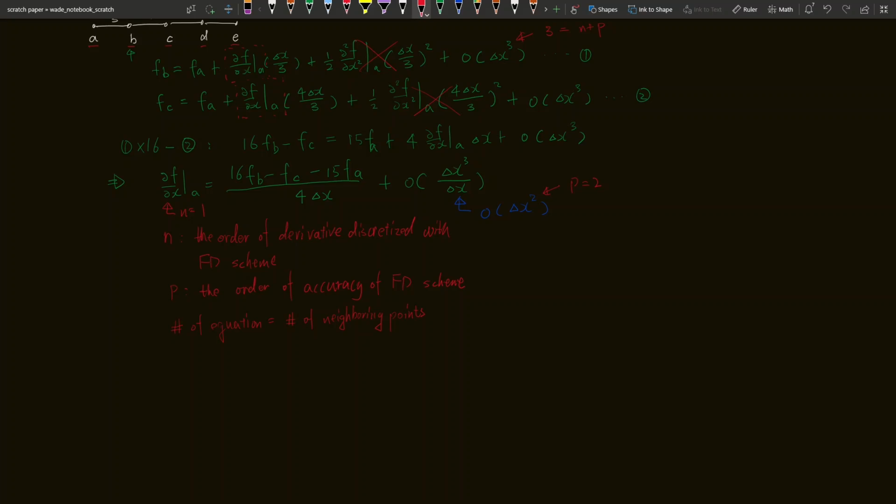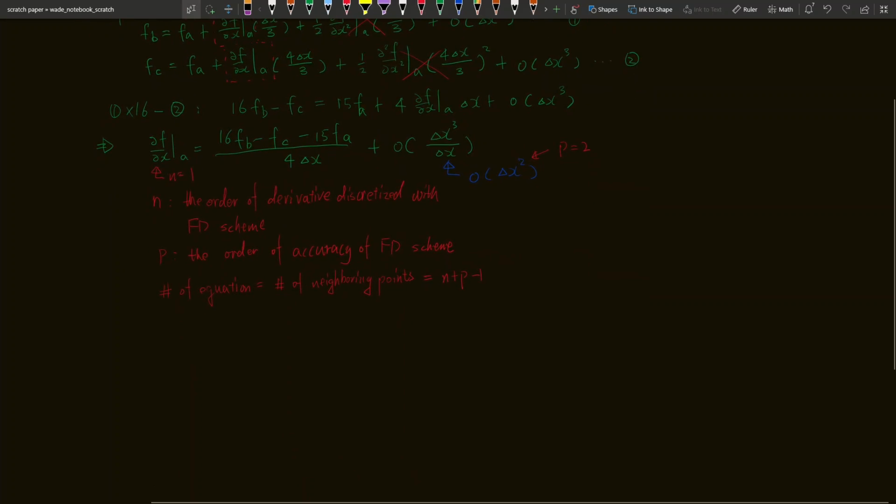Where we need to approximate the finite difference discretization scheme, we can get that for the general expression, it equals n plus p minus 1. And the 1 here is a fixed point. It's the point of investigation where our finite difference discretization scheme is applied.